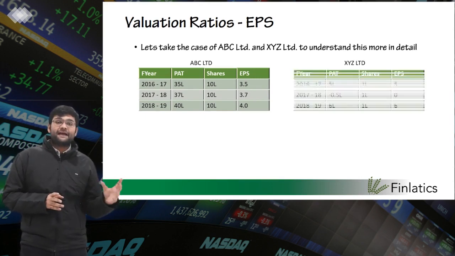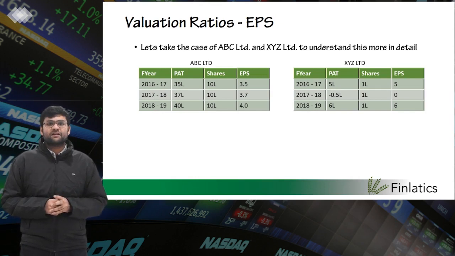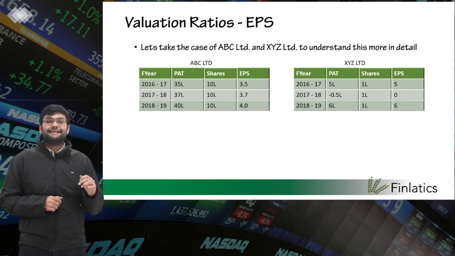However, in the case of XYZ Limited, things were slightly more volatile. The EPS was at 5 in the financial year 2016-17. It fell down to 0 in the financial year 17-18 as the company became loss-making, and it grew back to 6 in the financial year 2018-19.